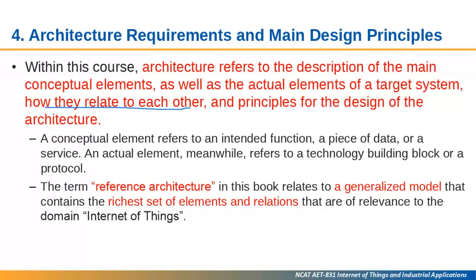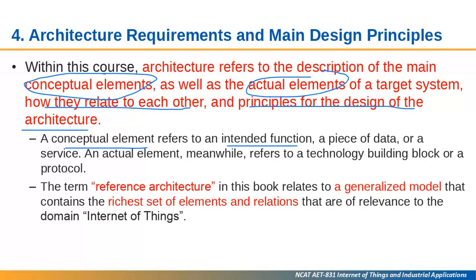So we talk about two kinds of elements here. The conceptual element refers to the intended function, a piece of data, and services. And the actual element, meanwhile, refers to a technology building block.